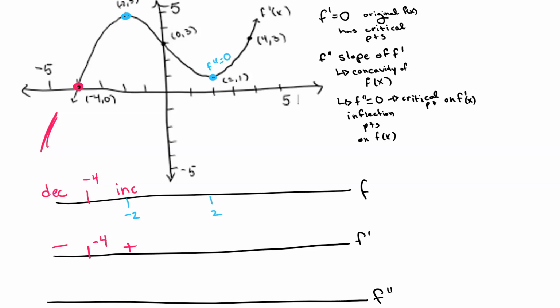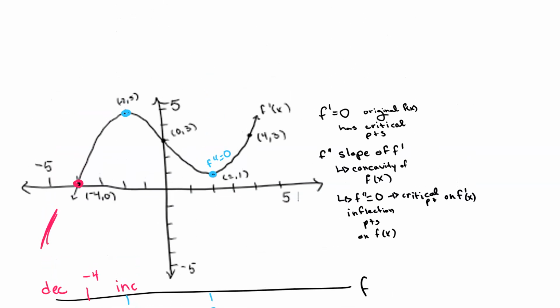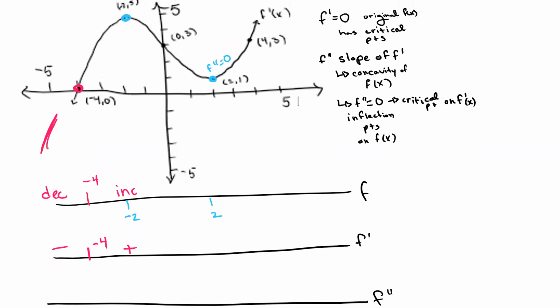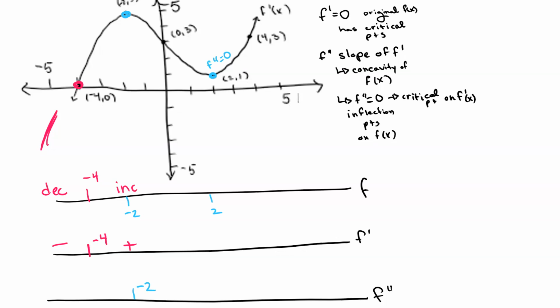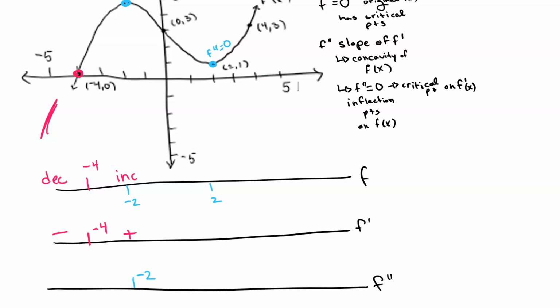Since the slope of our first derivative graph is our second derivative, that tells me, all right, to the left of -2, I have a positive second derivative, and that on my original graph, that would mean I'm concave down.